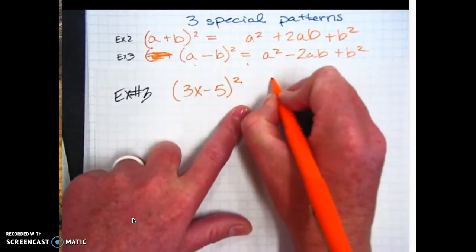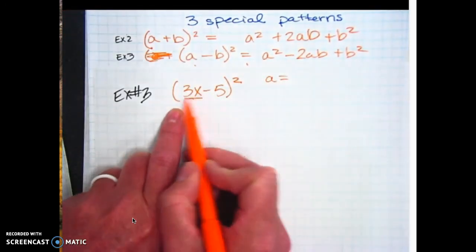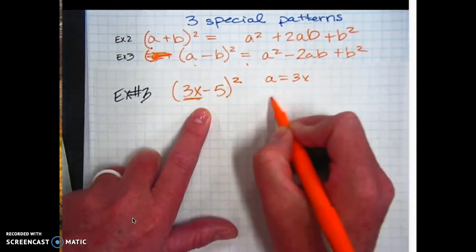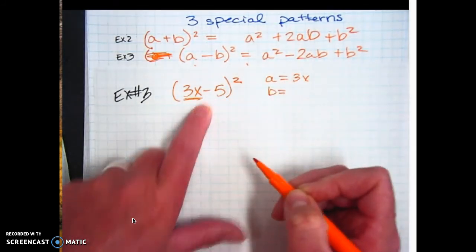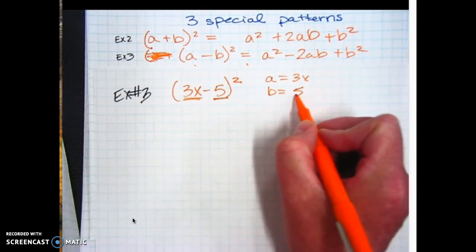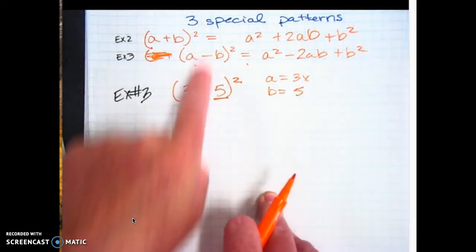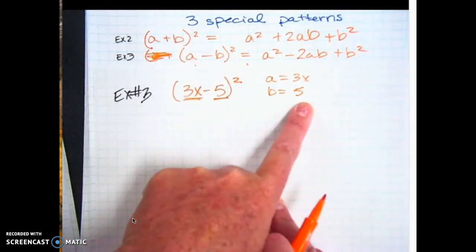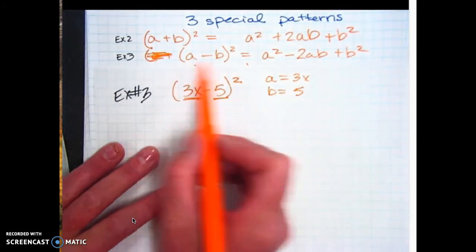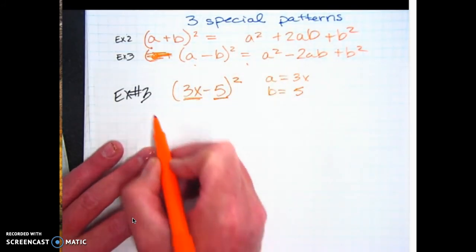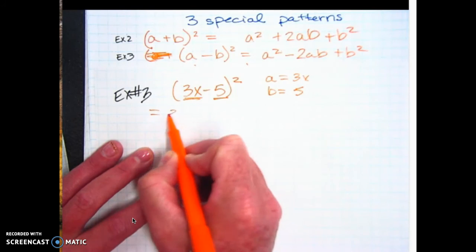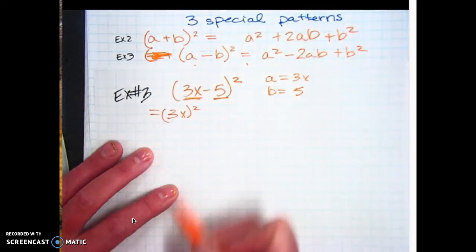So we need our A to be what's right here, which is the 3x. And we need our B to be what's right here. So it's the 5. Okay, don't accidentally say that it's negative 5, because the negative is part of the pattern. Okay, it's positive 5. So when you go to plug it in, you're going to square the A. So you're going to take the 3x and square it.